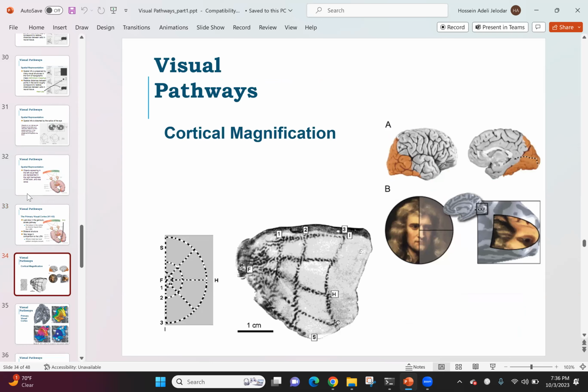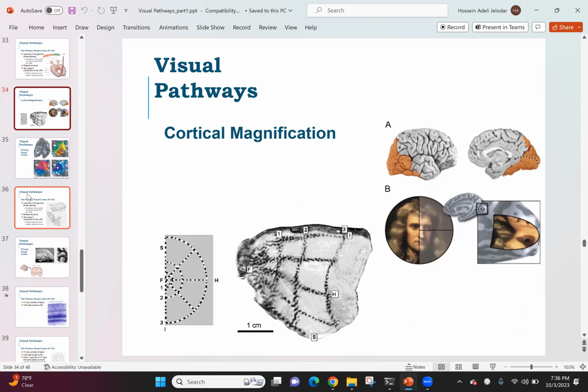So if I have a visual input like this, and this is the surface of the cortex. Let's say you're looking at this picture, and if you're looking at this center location where my mouse is, which hemisphere of the brain would be looking at this area?